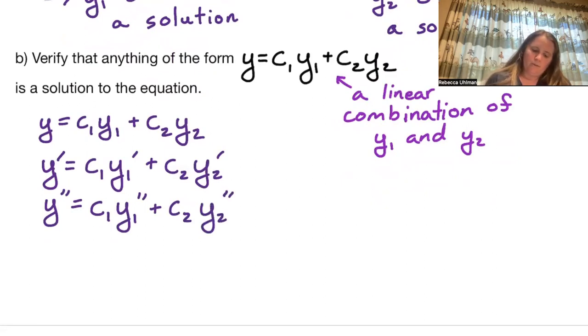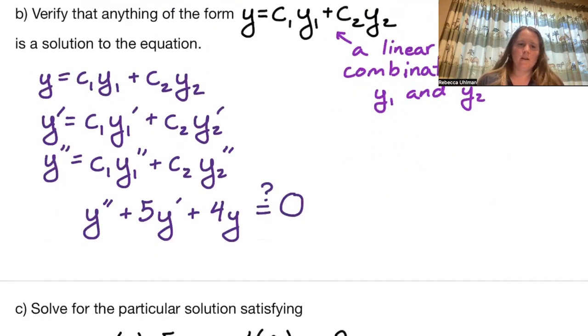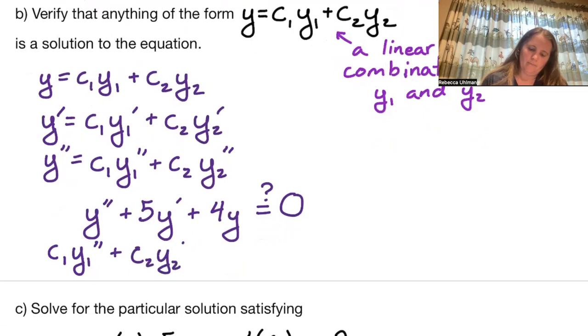So now we want to know, does y double prime plus 5y prime plus 4y equal 0? Plugging in, we would be looking at c1 y1 double prime plus c2 y2 double prime.